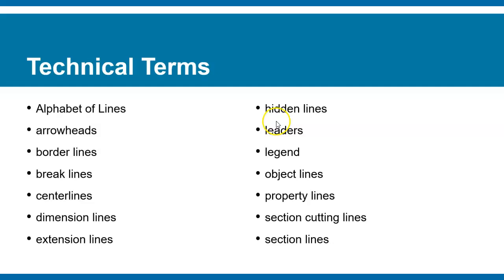So there would be a dash to give the hidden line. So if a line were to travel behind an object, then it would turn into a hidden line.